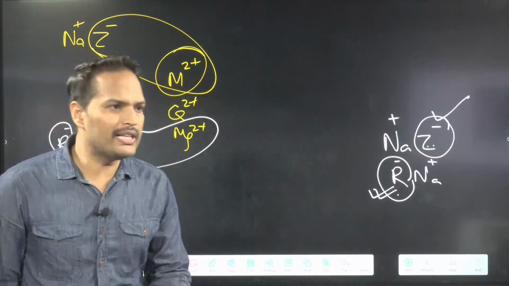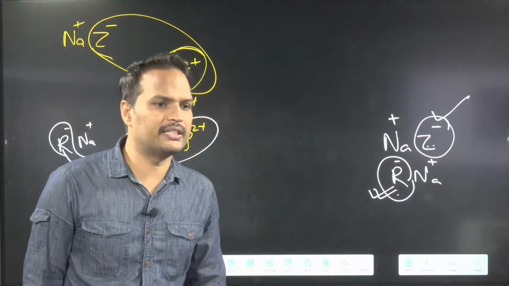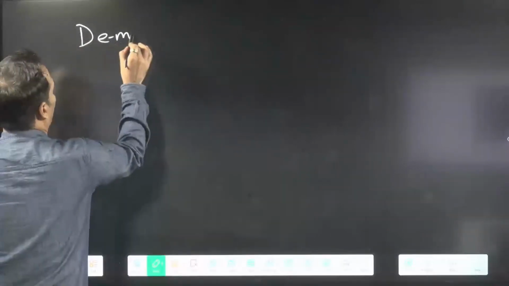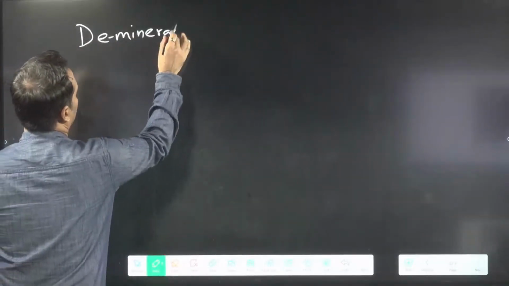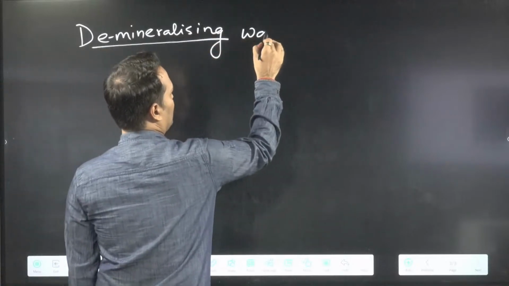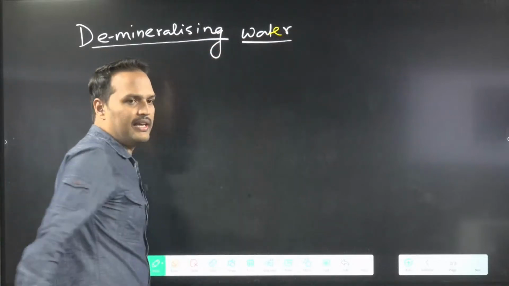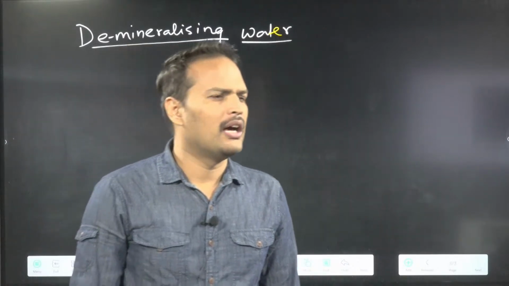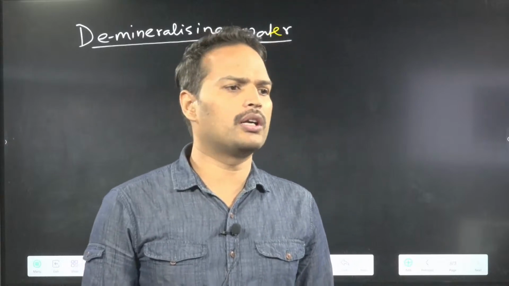Now in NCERT, what is written? That is a different thing. Now in NCERT, they talk about demineralizing water. What do you mean by demineralizing water? From the name only everything is clear: remove minerals from water.